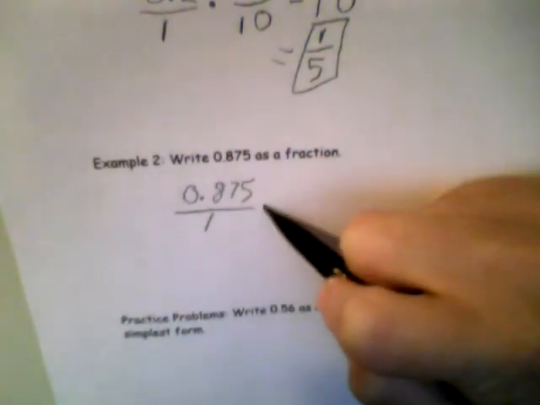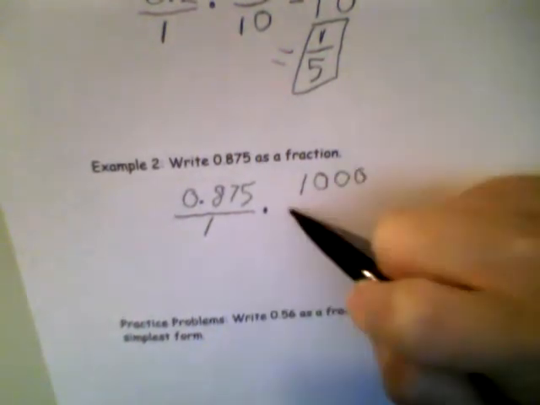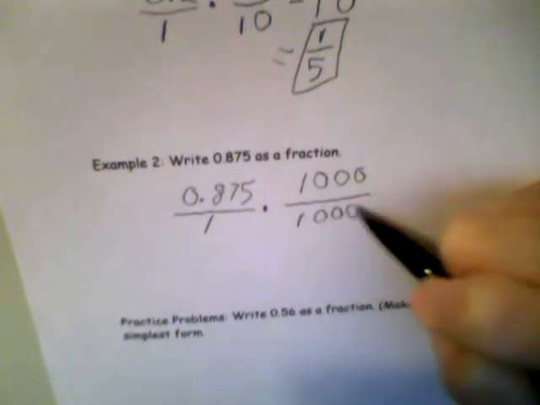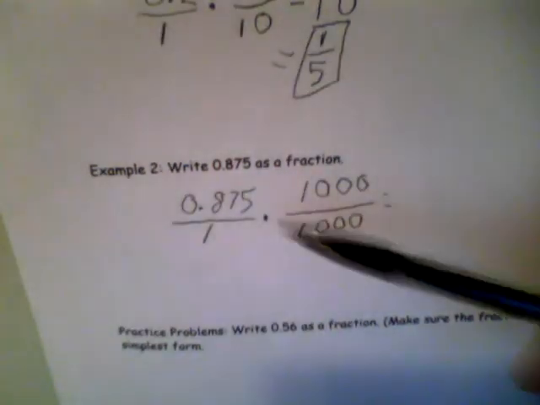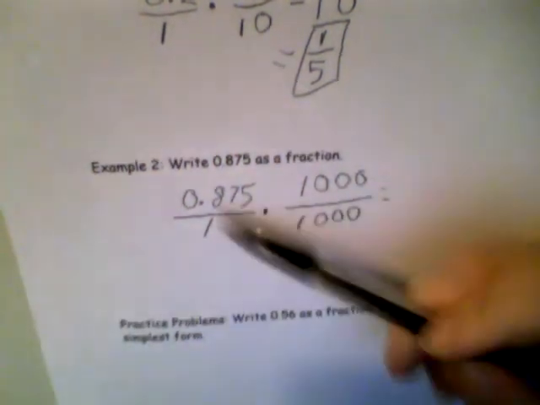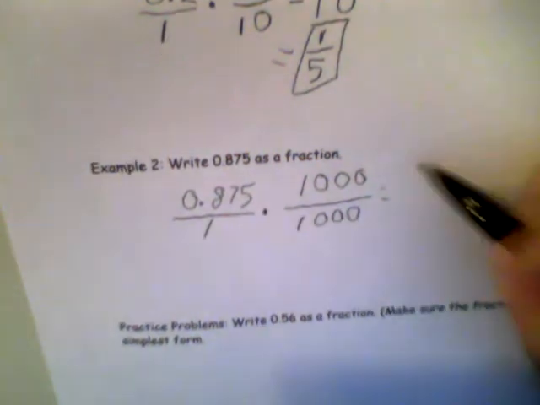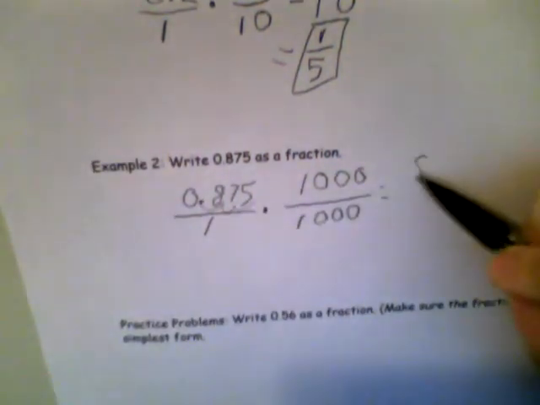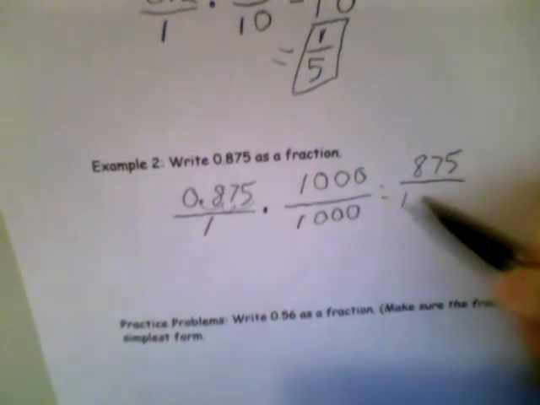So I have to multiply both top and bottom by 1,000. If I multiply the top by 1,000, that's the same as moving the decimal over 3 places to the right. So 1, 2, 3, that's going to give me 875. 1 times 1,000 is just 1,000.